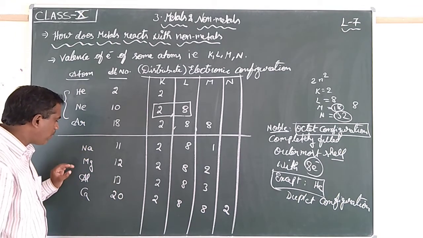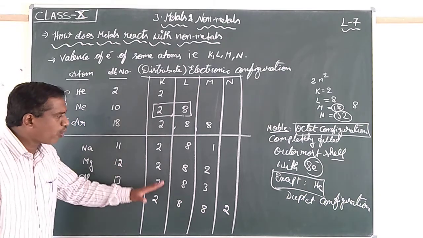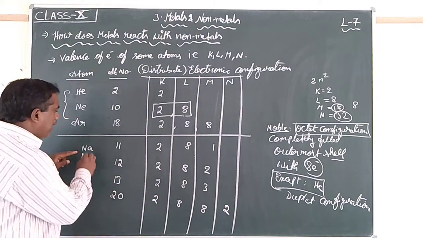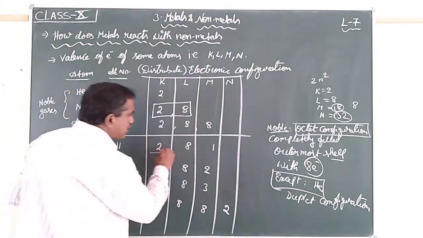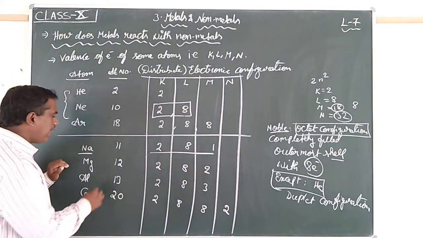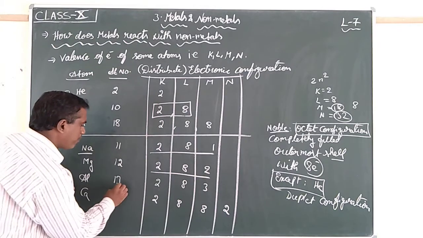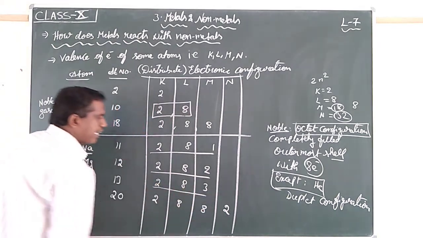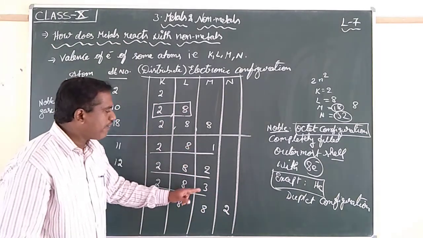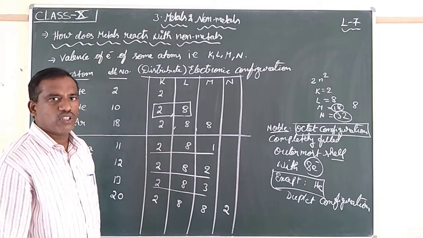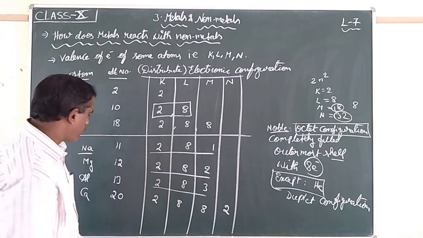We have discussed some elements with their electronic configuration. In the case of sodium, what is the electronic configuration? 2, 8, 1. Magnesium, 2, 8, 2. Aluminium, 2, 8, 3. These 3 are having different valence electrons.